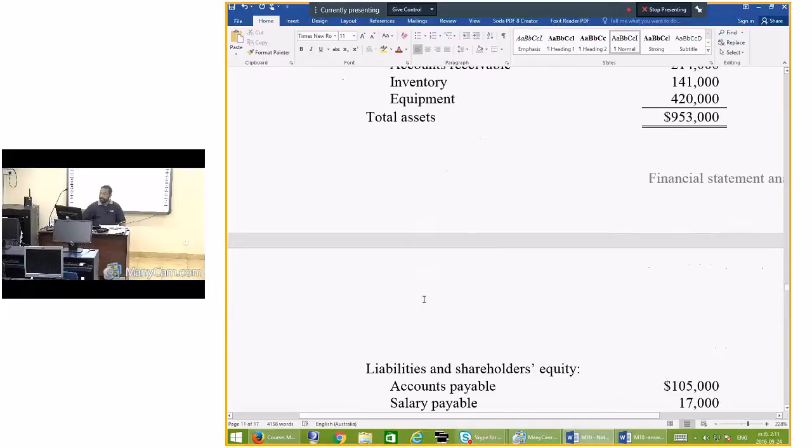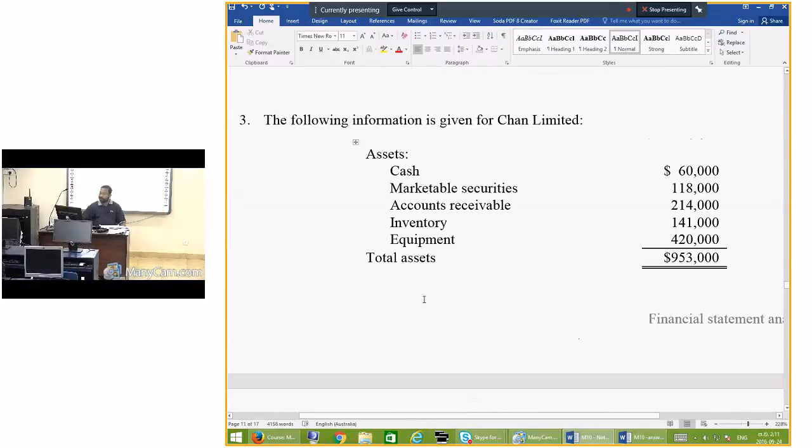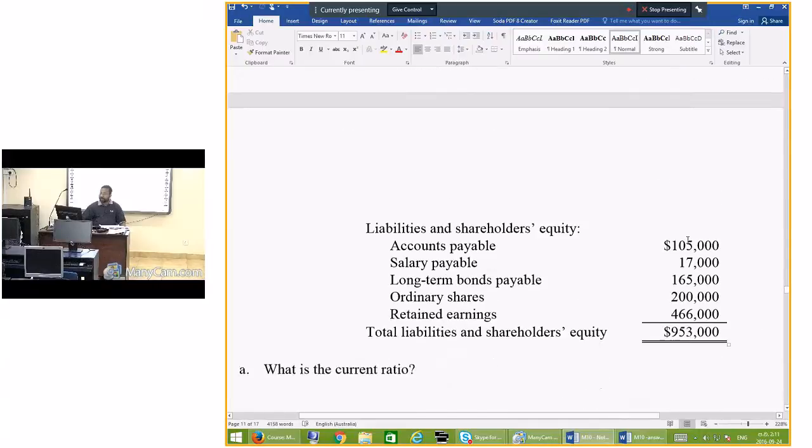Then current ratio is current assets to current liabilities. Take current assets: cash, marketable securities, accounts receivable, inventory, all are current assets except equipment. Current liabilities: accounts payable, salary payable.